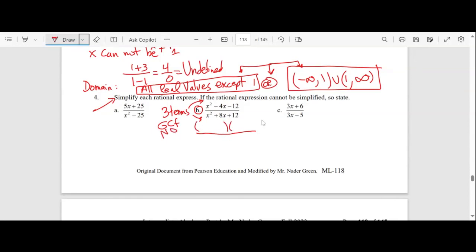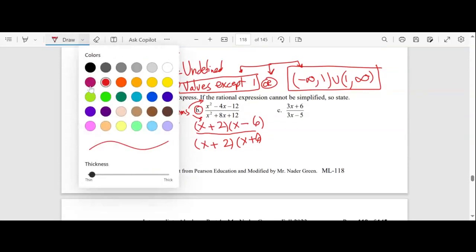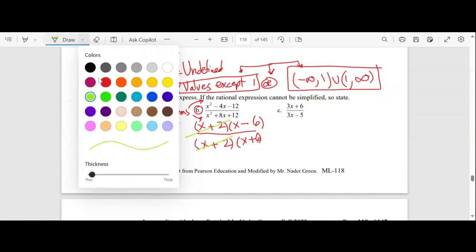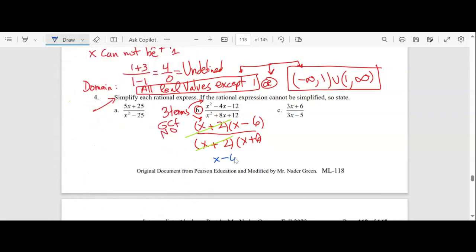So in this case, I'm just going to go ahead and do trinomial factoring. It's going to be x and x, 2 and 6, plus and minus. Same thing for the denominator: x and x, 2 and 6, plus plus. Now, can I cancel x plus 2, x plus 2? Yes. So what's your final answer? x minus 6 over x plus 6. That's your final answer.